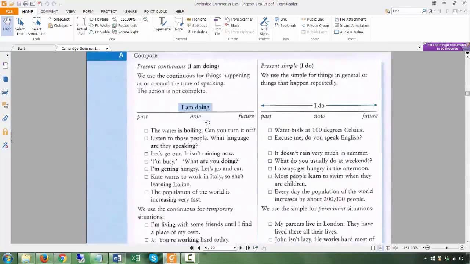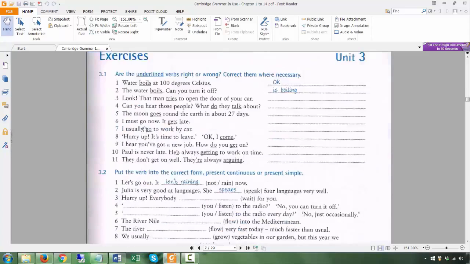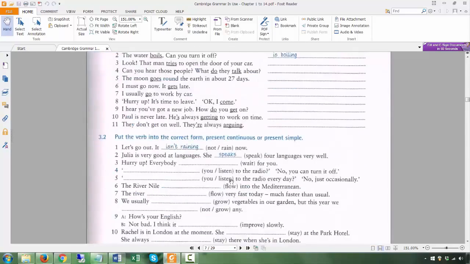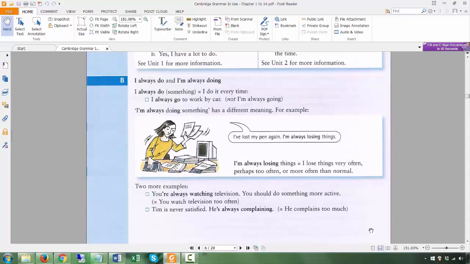Right now, go through this B section. The exercise in 3.3 tests what you learned here. This B section is a bit more advanced. I would say you don't have to know this, because it can get a bit confusing.